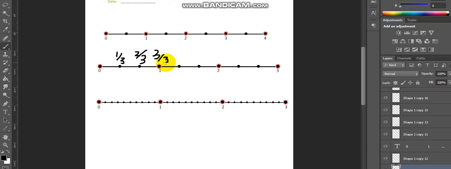And so on. Now let's say I want this point right here. Well, if you count here, I'd say 1, 2, 3, 4, 5, 6, 7/3. And if I wanted it in its mixed form, because this is its improper form, I'd say that this point is at 2 and 1/3.